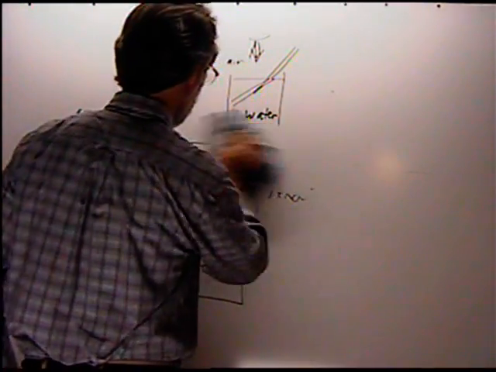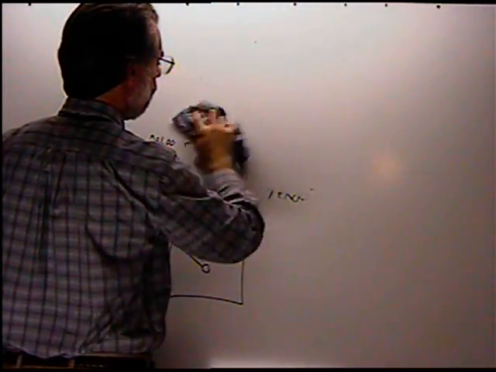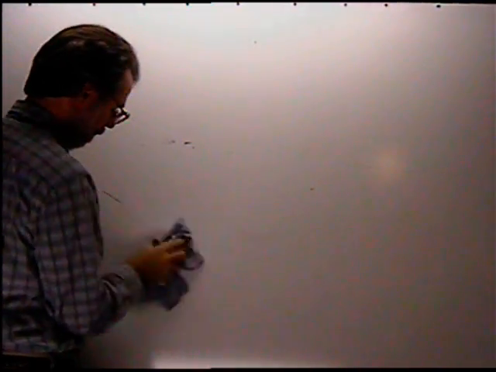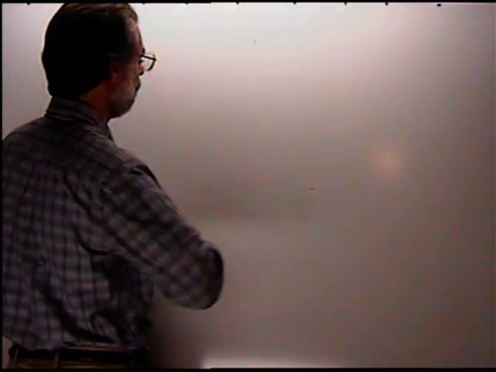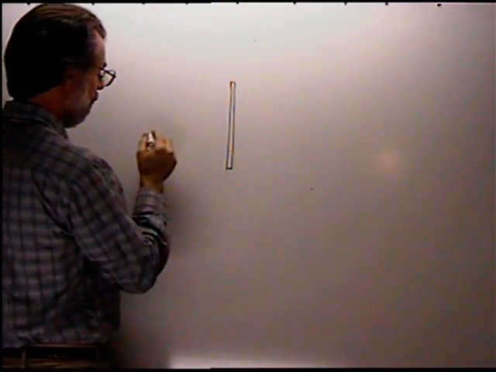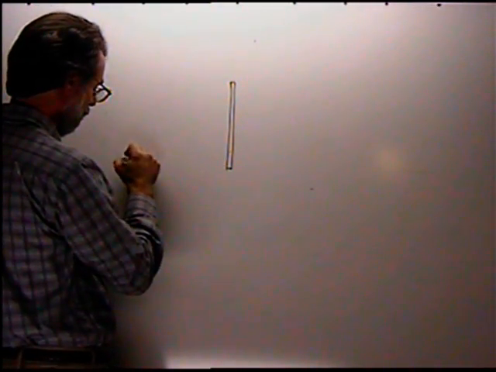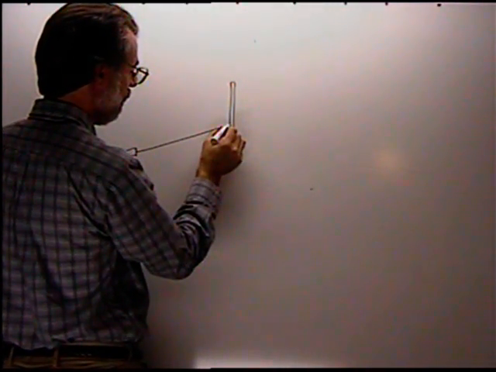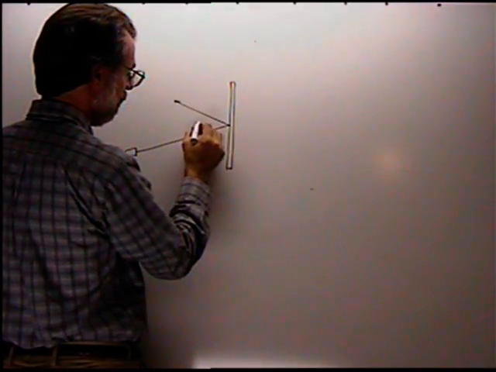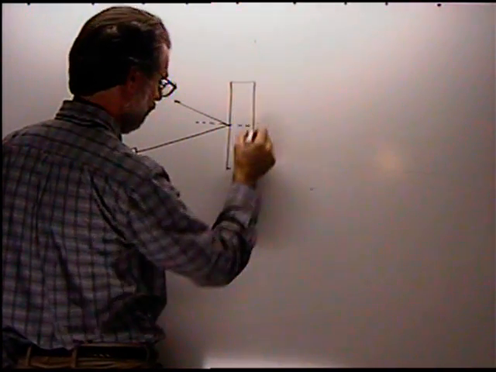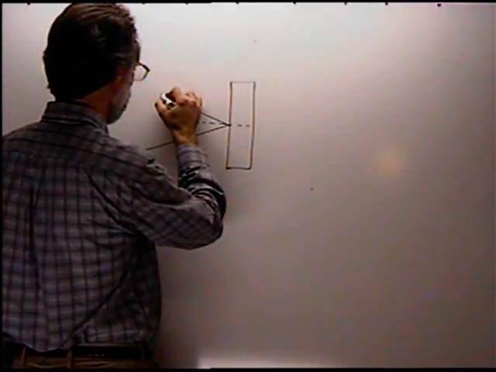That goes back to the lecture where we talked about reflection and refraction happening at the same time. Okay, here's a window. If here's a laser beam, we get a reflection here. I'm going to draw the glass really thick. This is a reflection.